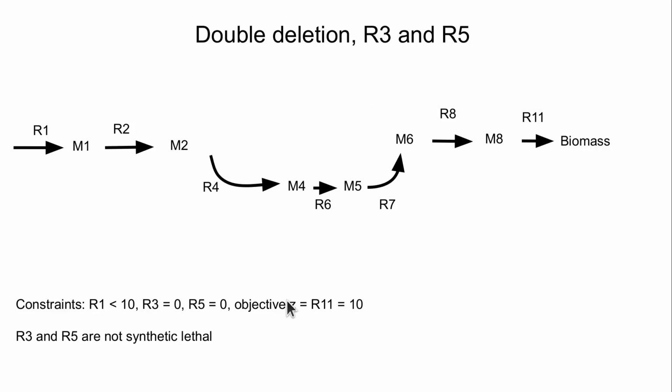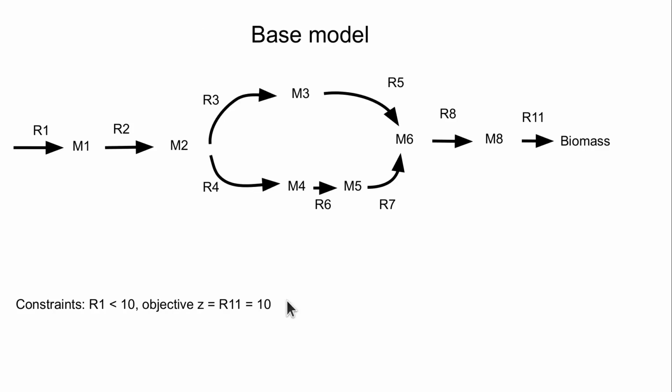Obviously, if we were to do something like deleting R2 and R3, that would also knock out the organism. But in any scenario in which a single deletion will set the maximum growth to 0, any double deletion involving that single deletion will also trivially be 0.